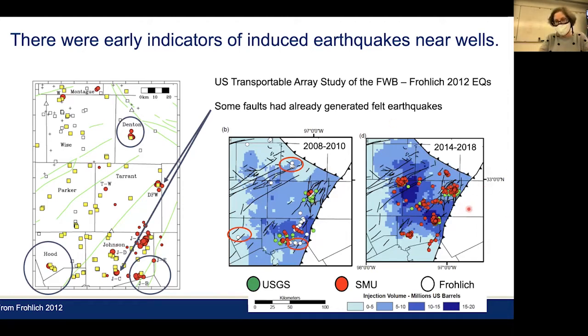Now, however, this is again up to 2018, the seismicity has spread considerably across the basin. And what I'm going to argue is that it's the cumulative history of injection that matters now. You can't see an earthquake and look at the nearest well and think that well triggered this earthquake, right? It's what has happened over these 10 or 15 years at this point that really matters.